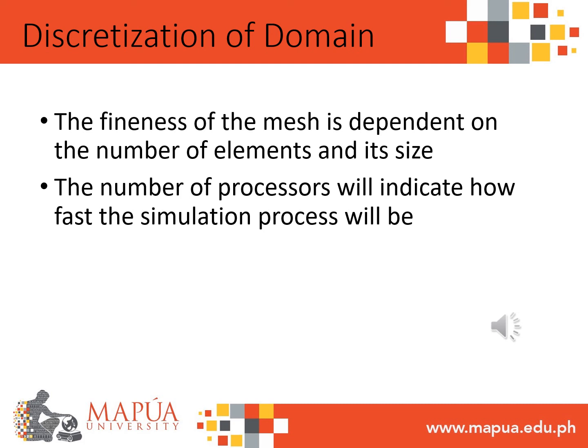And the number of processors indicates how fast the simulation process will be. So, if we have a high number of processors, our simulation process will be faster. The most important thing here is to get the balance between the fineness of the mesh and the number of processors while ensuring the quality of the mesh.